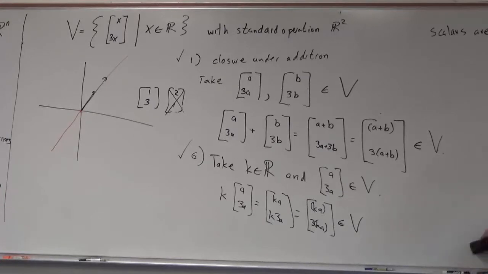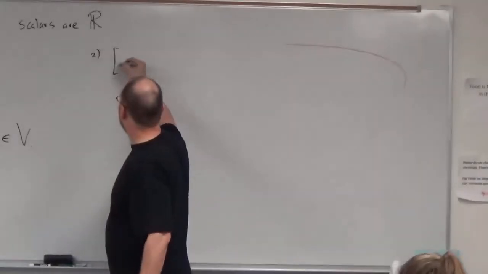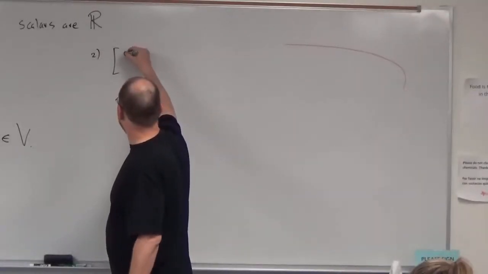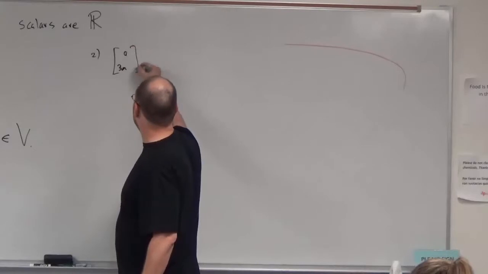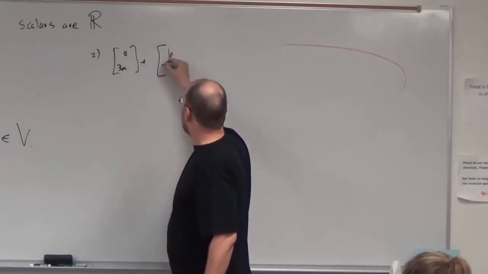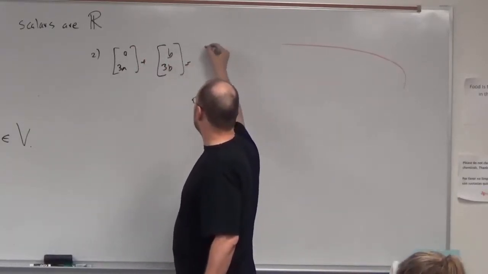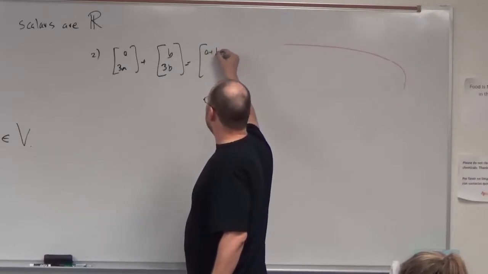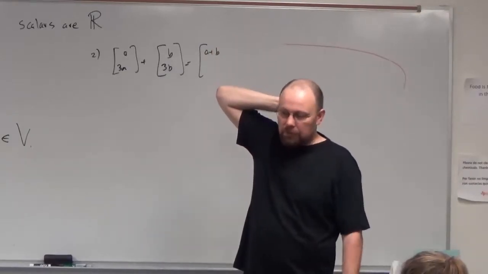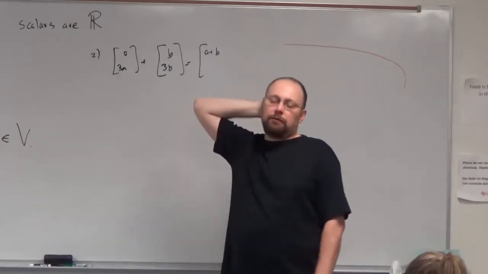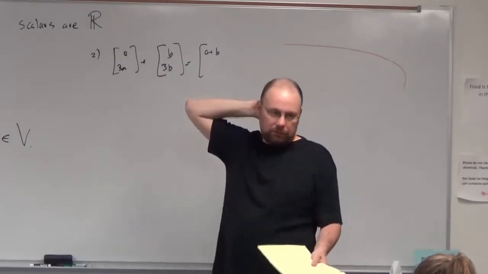So what is axiom number 2? Commutativity of addition, right? I mean, this is silly, but you want to go through all these axioms, because there are 2 different questions in your homework. One question is, is this a vector space? So you have to go through the axioms.